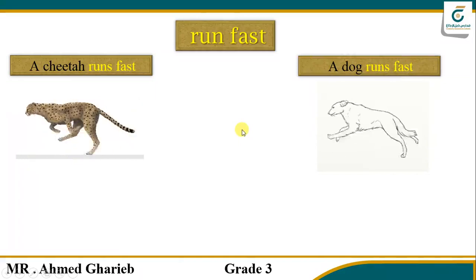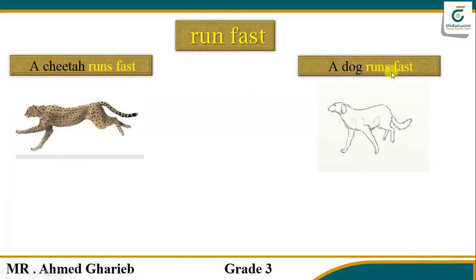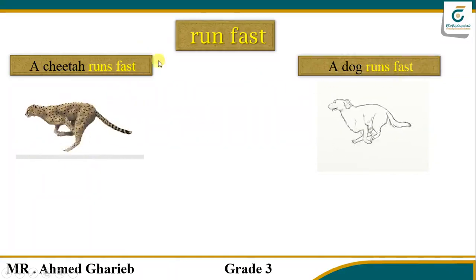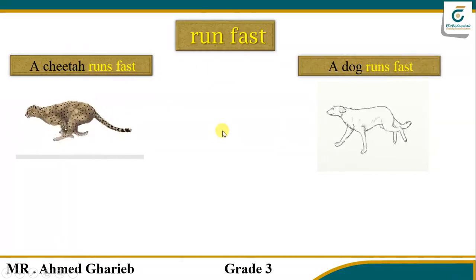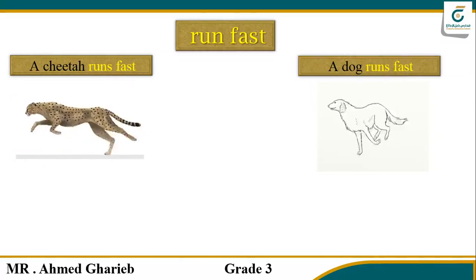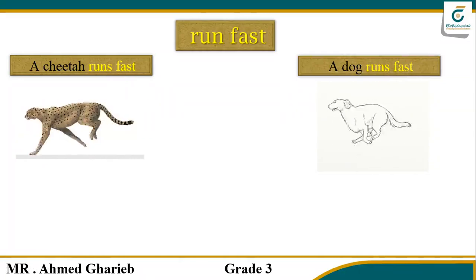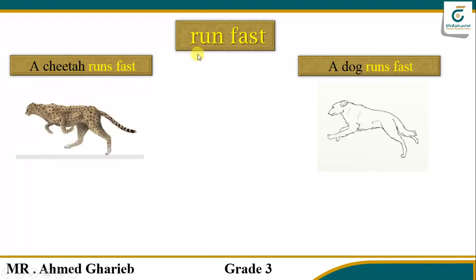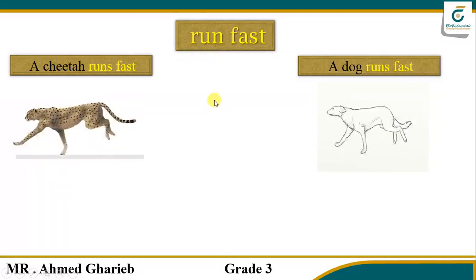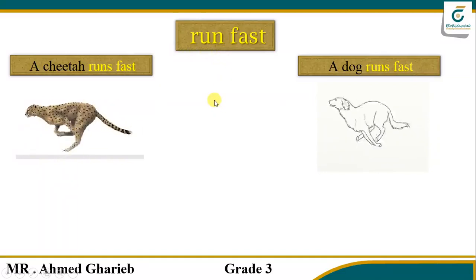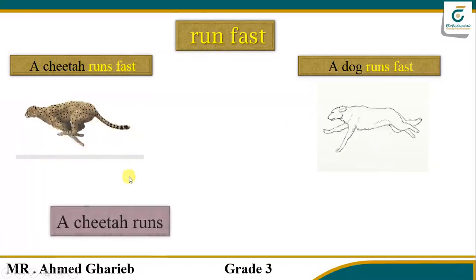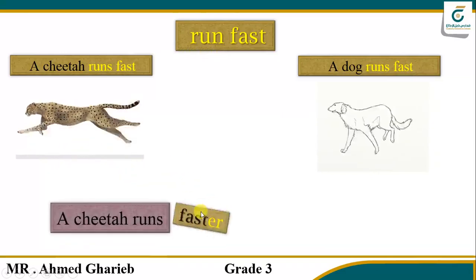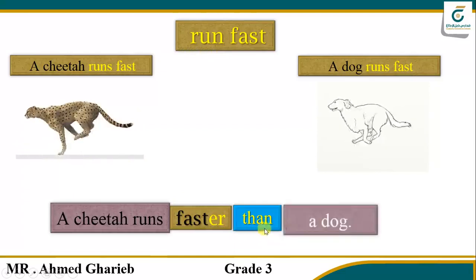So as you see, both of them do the same action, the same adverb, but we want to compare between them to find out who or which one is doing the action of running fast with higher degree. So of course a cheetah runs faster than a dog.